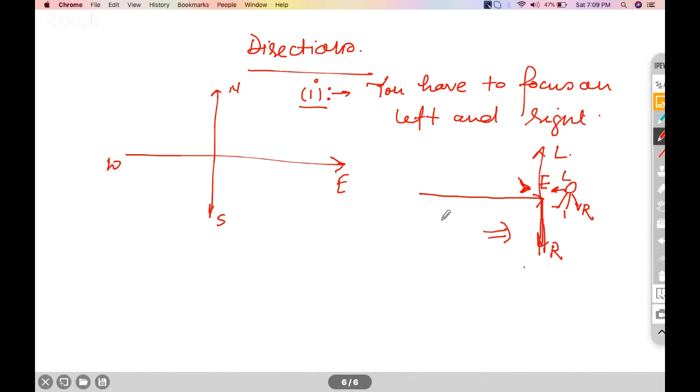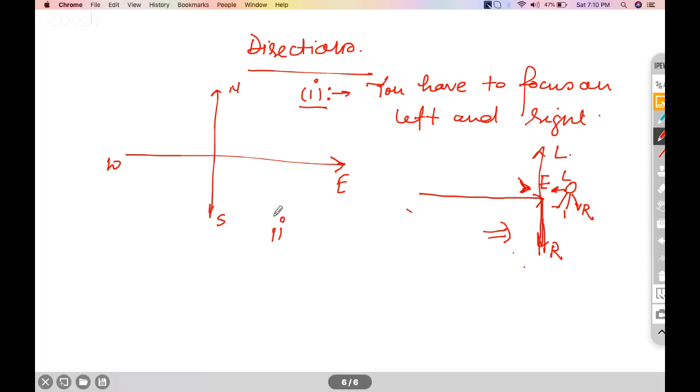So try to understand that whenever you are taking directions, make sure that you doubly check it, and after checking it, make sure that you draw the diagram properly.